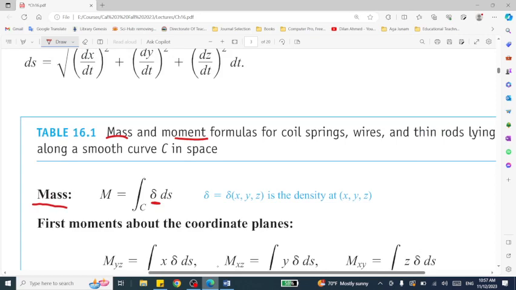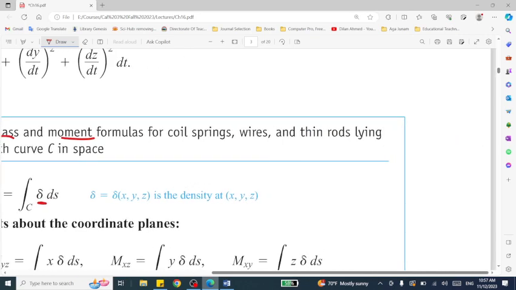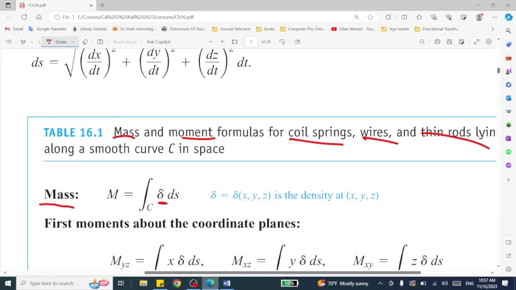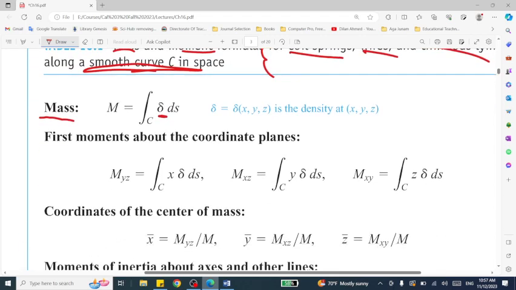We have a mass and moment for anything: coil springs, wires, thin rods lying along a smooth curve. So how do we compute the mass and the moment? The law says mass equals the density multiplied by delta, the curve element, times the same thing, delta. How about moment?